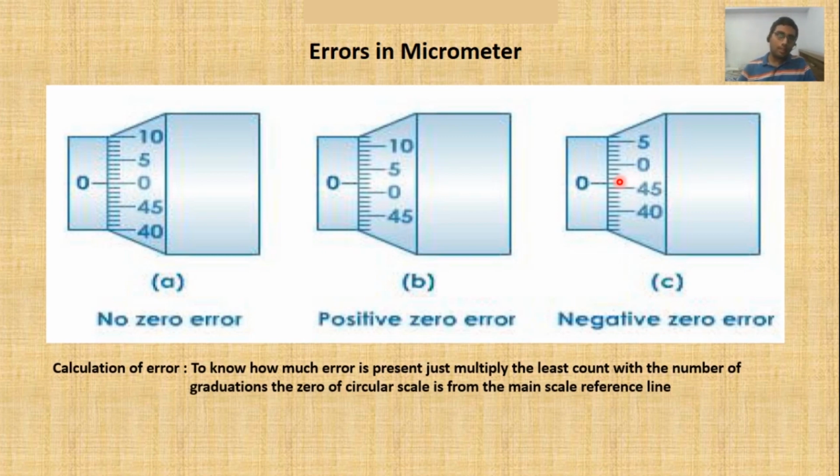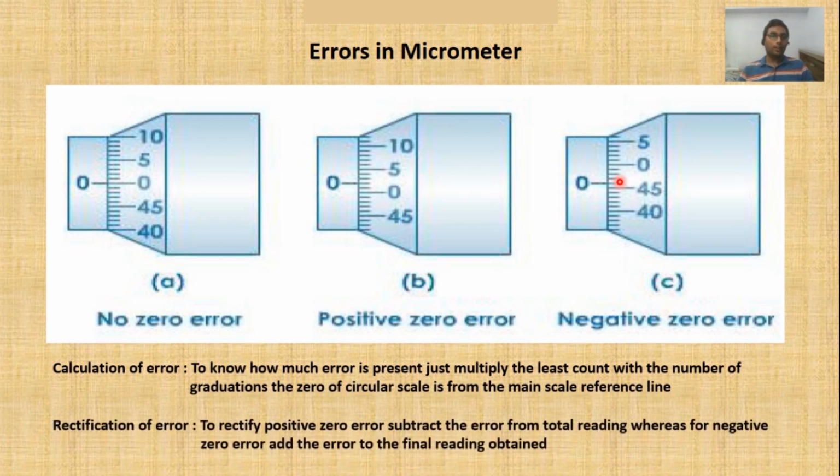Now after knowing the error in the micrometer, we have to rectify that error. So let's see how we can rectify it. To rectify positive error, that is in case B, we have to subtract the error that we have obtained from the total measured reading. Say for example, if we have got the reading as 45.04, you have to subtract 0.02 to get the original dimension of the component.